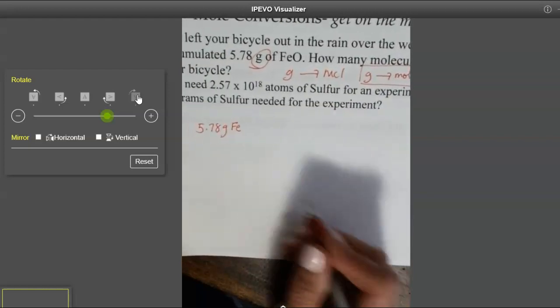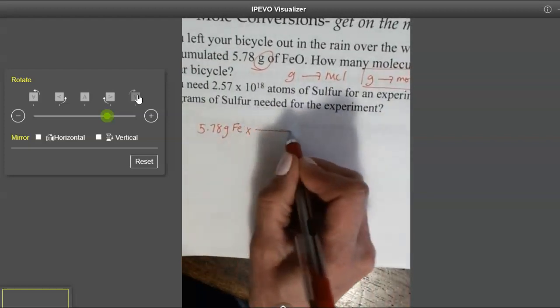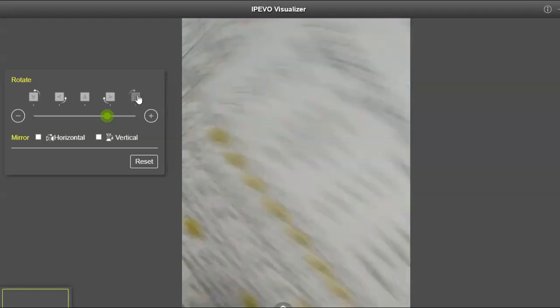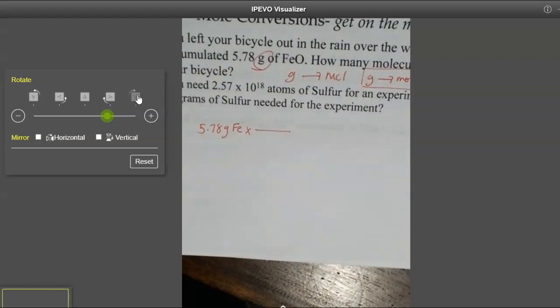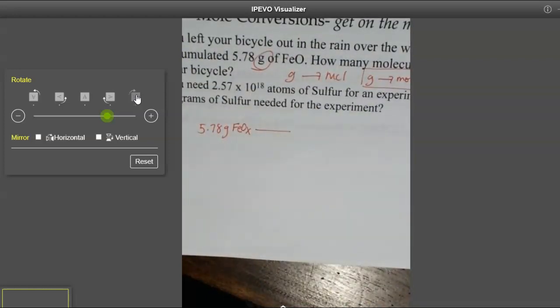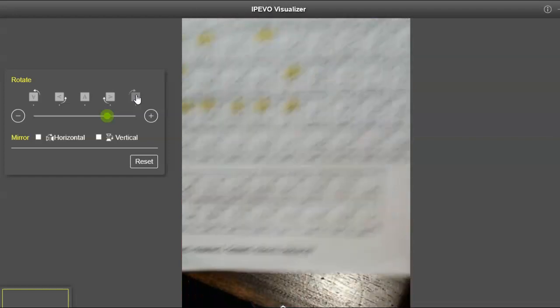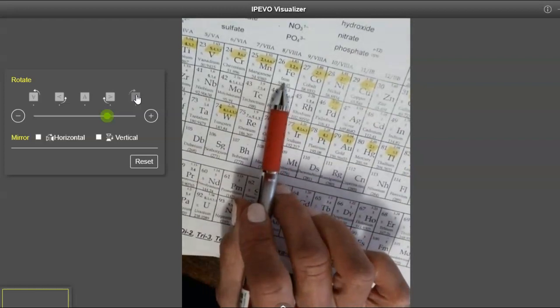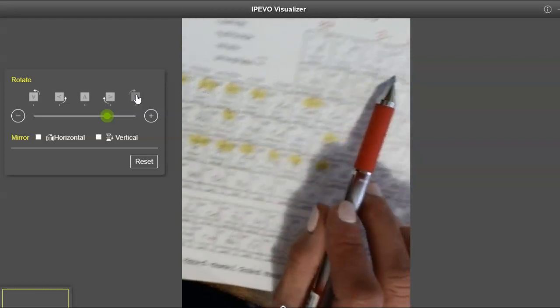So let's get started. I got to jump on the molar mass highway, and in order to do that, I got to go to the periodic table. That's FeO. Sorry about that. Okay, so we got to actually calculate our molar mass. We have iron and we have oxygen.